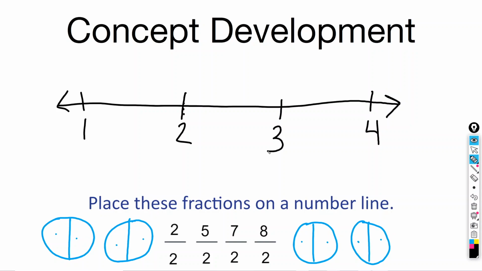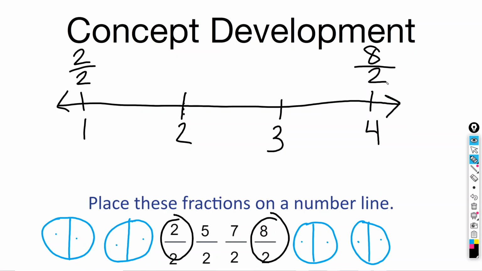Okay, now we already figured out that 2 halves was the same thing as 1 whole. So I'm going to label this 1 whole, 2 halves. And we already figured out 8 halves was the same thing as 4 wholes. 8 halves.